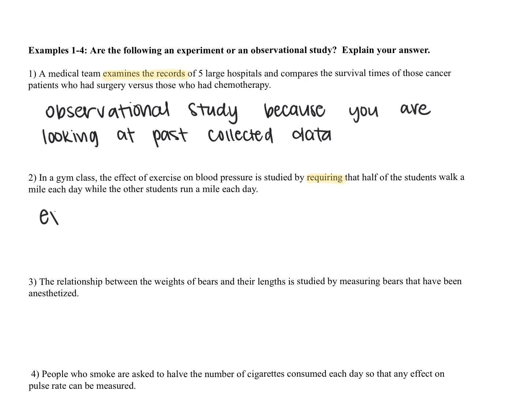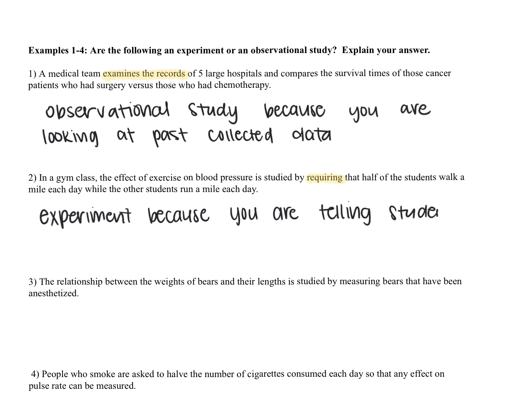That leads me to an experiment, because you are telling students to either walk or run a mile. If I wanted it to be an observational study, I would have the students choose, and then you would look at the differences.